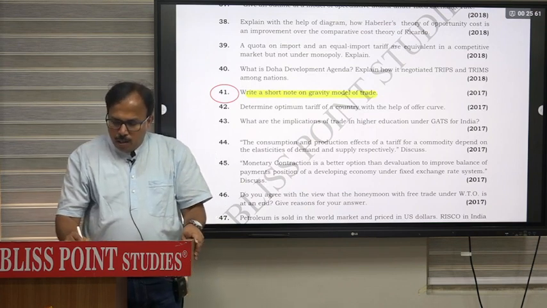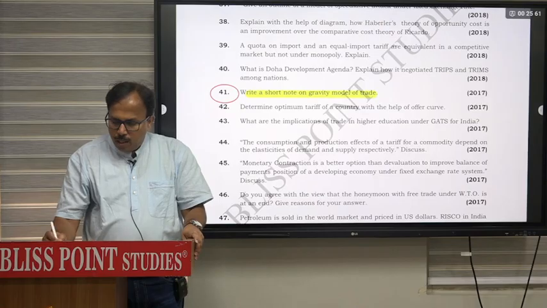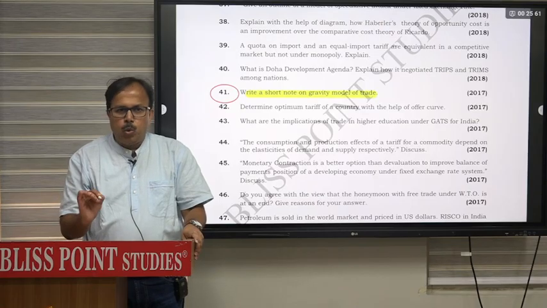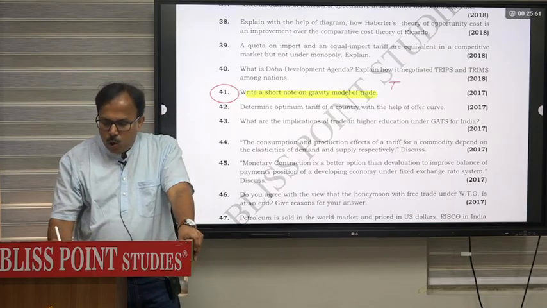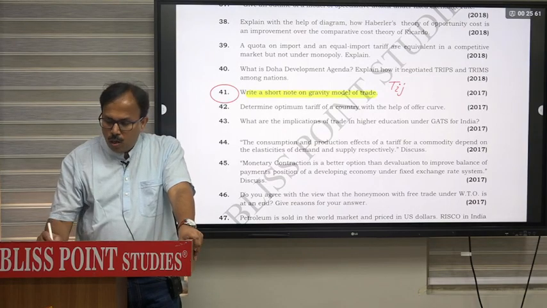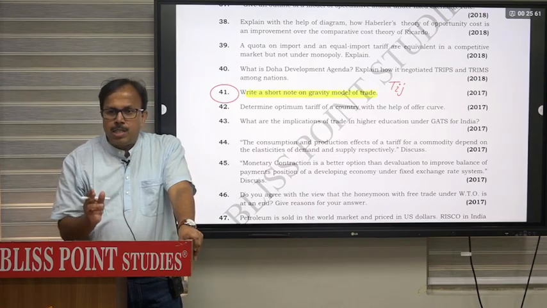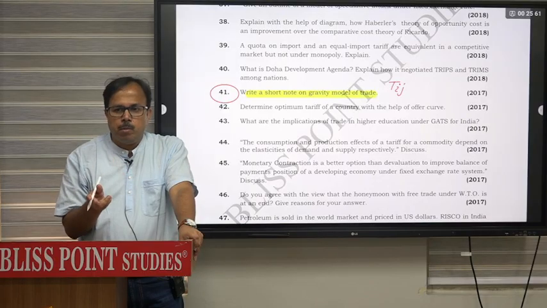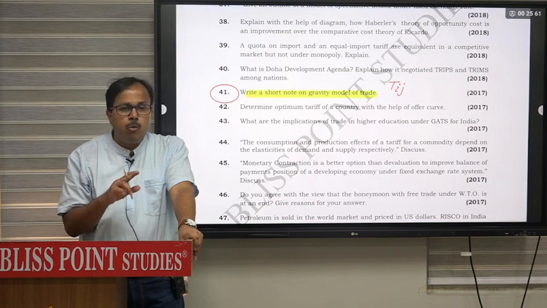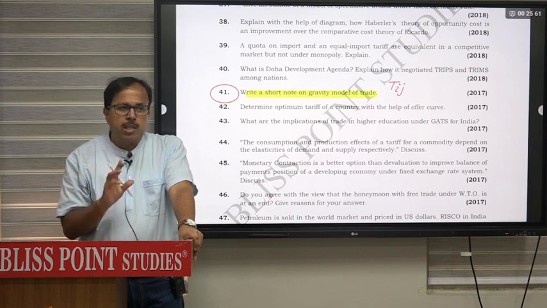Okay, the gravity model's main argument is that if we explain the volume of trade between 2 different countries, that is, the volume of trade for country i and country j, the trade volume between 2 countries depends upon the size of their economies, and it also depends upon the distance between the economies. Greater will be the size, greater will be the trade. Greater will be the distance, less will be the trade.